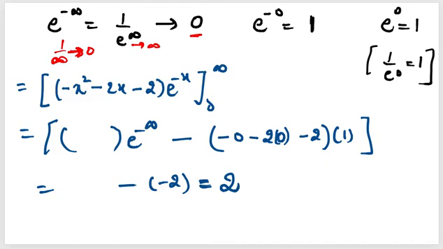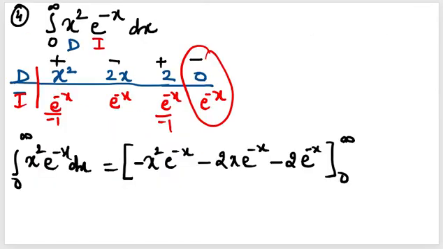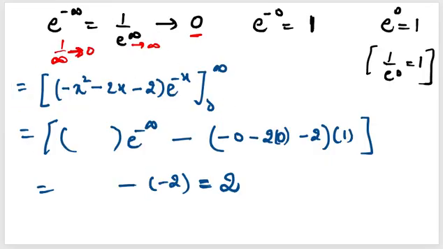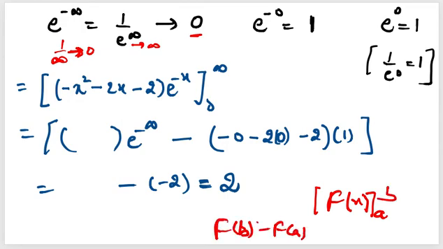So you can observe that in the first term, when you apply the limit, we apply the upper limit minus lower limit. So the upper limit is infinity, because whenever you have a function and limits a to b, we always write f of b minus f of a. So b stands for infinity here. When you put e to the power minus infinity, this tends to 0.